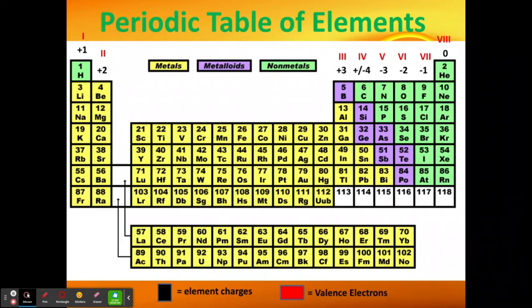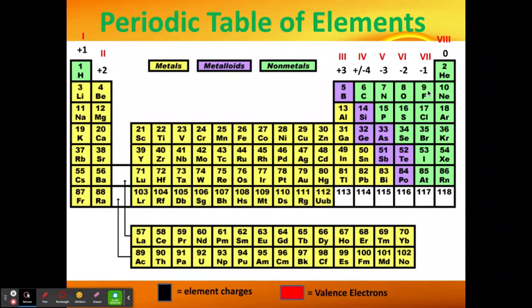At the top, notice the numbers. As we mentioned before when we studied ions, everything in this column tends to lose one electron and become a plus 1 ion, cations, right? Everyone in this column tends to lose 2 and become a plus 2. These are much more complicated. We'll talk about them later. These metals tend to lose 3 and become a plus 3.